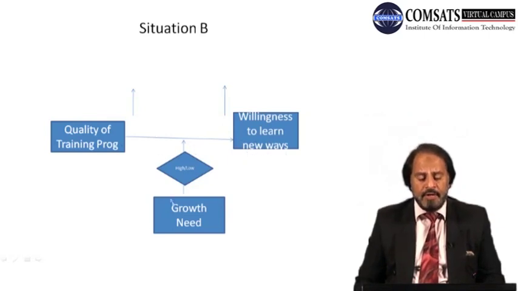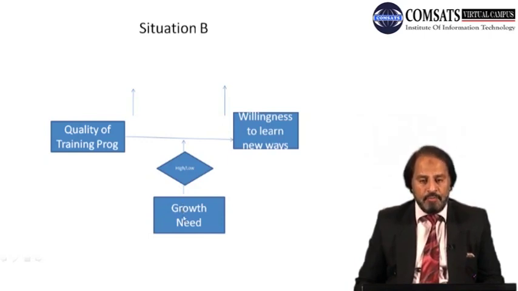The theory which we are now proposing is that it is only in the cases of employees who have high growth needs that you will have this relationship exist. If their growth need is low, then this relationship will not exist, or it will not be as strong as one would think.